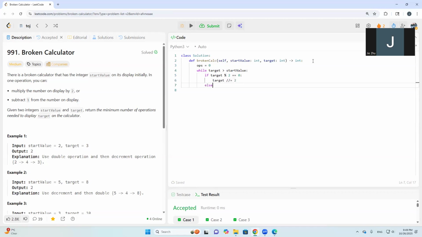Else target should plus equal 1. Now our ops should increase, right? So in the end, we just return ops plus start value minus target.